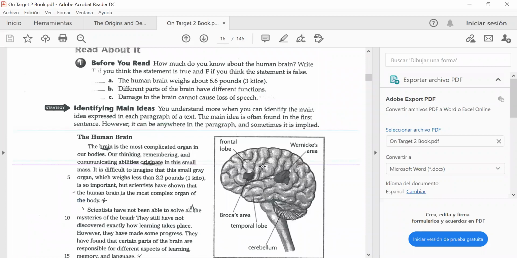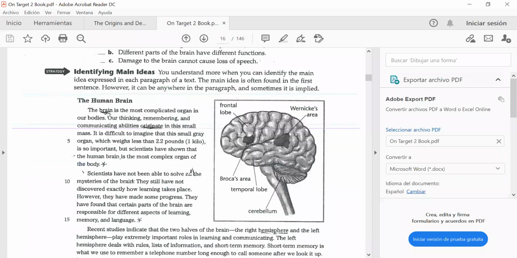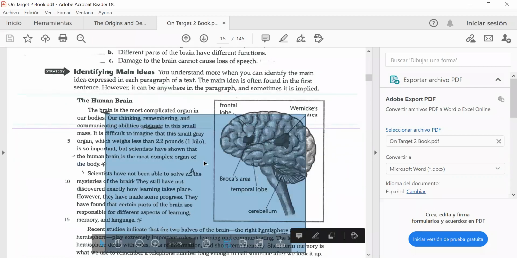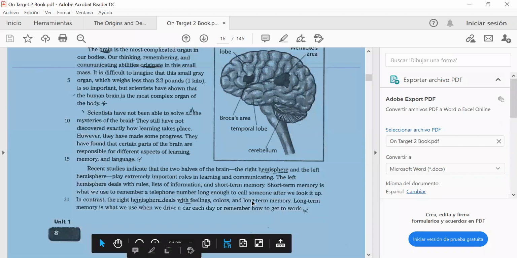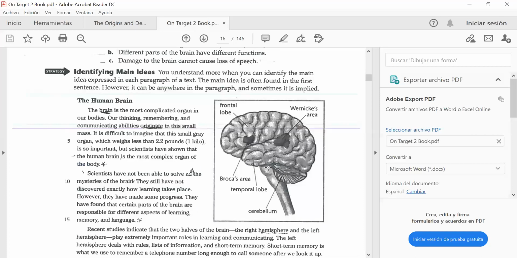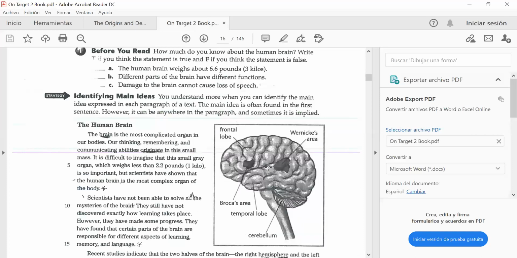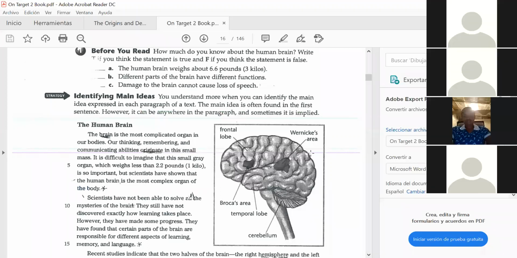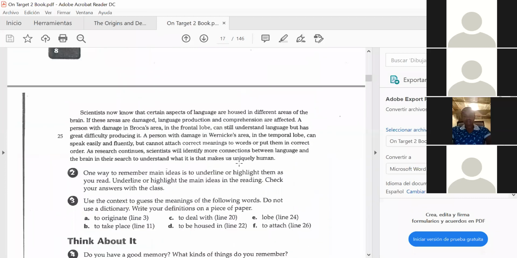It's like a homework. It's gonna be in the platform. I'm gonna give you a few questions about this text, about the article, and you're going to answer the questions and upload it to the platform. I'm telling you, that's the homework, but you don't have to worry because it's gonna be on the platform and you'll see it when I upload it, okay? I'm just telling you what's coming.